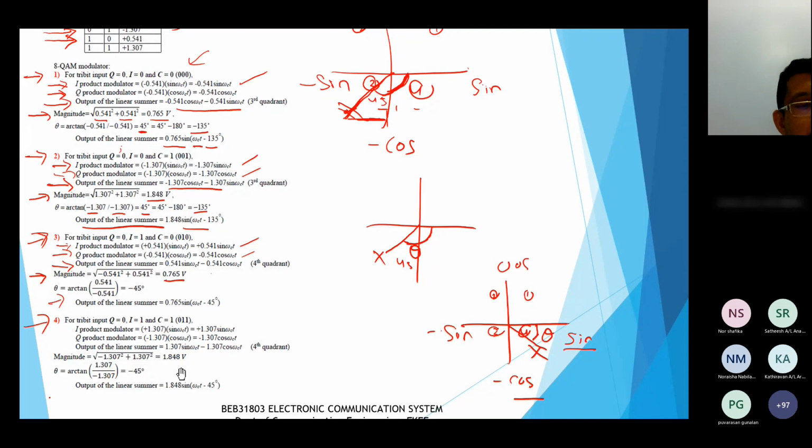What about the phase? Theta is arctangent of 1.307 divided by minus 1.307. So we get negative 45 degrees. So we rewrite the equation to simplify the equation for the output of the linear summer. It is the magnitude sine omega ct minus 45 degrees.